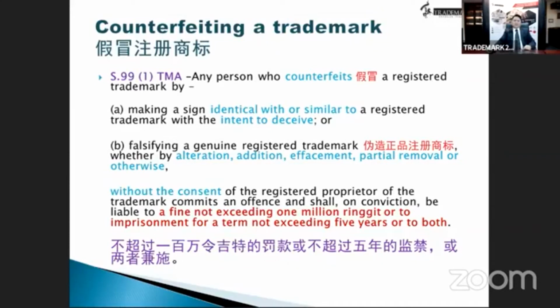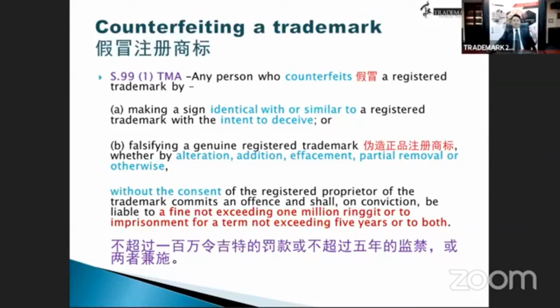Counterfeiting. Counterfeiting means when you make an identical or similar registered trademark which belongs to another, with intention to deceive. Section 99 of the Trademark Act says that, of course, this is without consent. In other words, if you are manufacturing and falsifying a genuine registered trademark, whether by alteration, addition, effacement or removal, of course without the consent of the registered proprietor, you commit an offense.